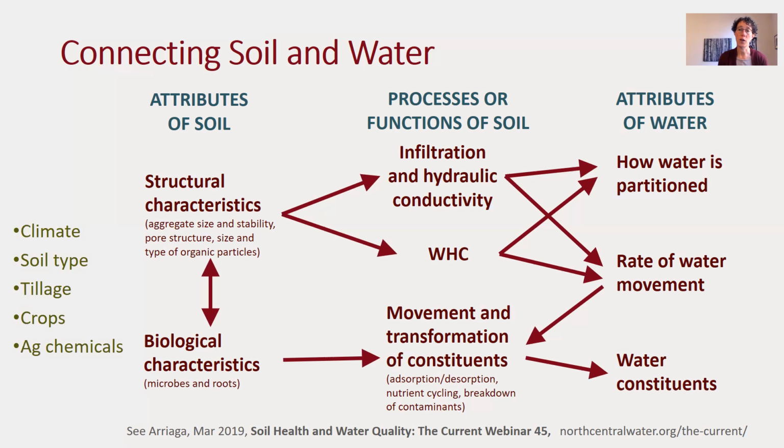Of course, the weather, soil chemistry and texture, the shape of the landscape, agronomic practices, all of those landscape and management factors impact those structural and biological characteristics of soil.